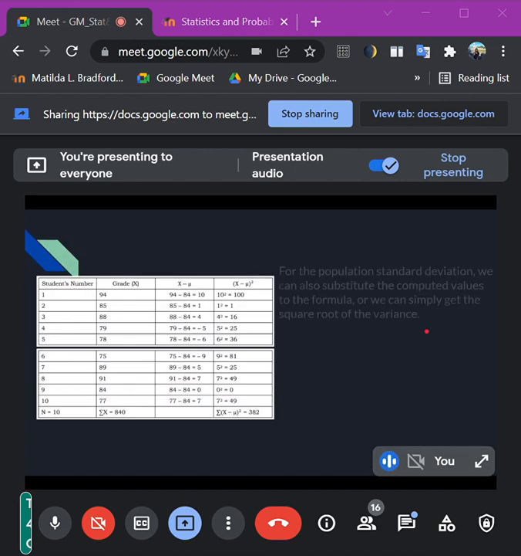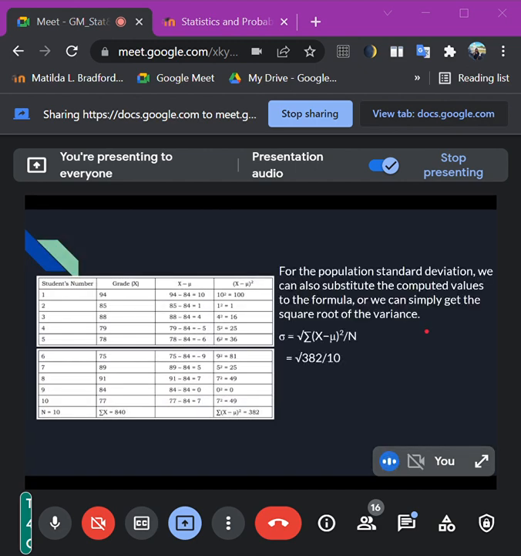Now, we proceed to the standard deviation. So standard deviation is the square root. Square root of 382 over 10. So you will have the square root of 38.2, that is 6.18. And that is your standard deviation. Or you can directly take the square root of your population variance from earlier.